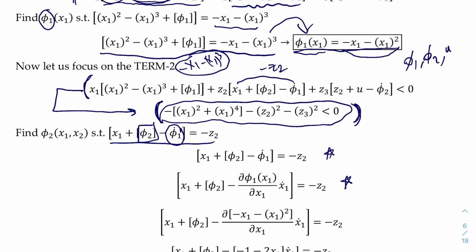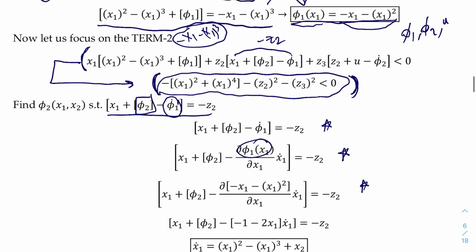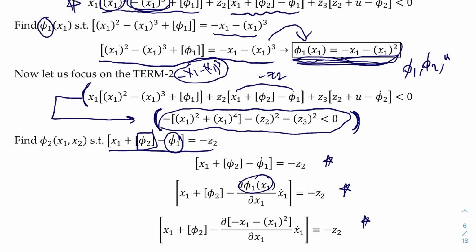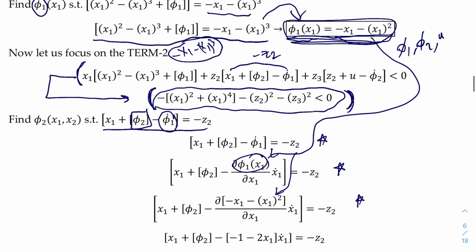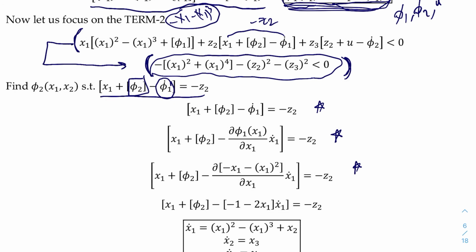Here, just expand phi 1 dot. And here this is phi 1 because we found that. It kind of gets really messy, but I'm sorry about that.